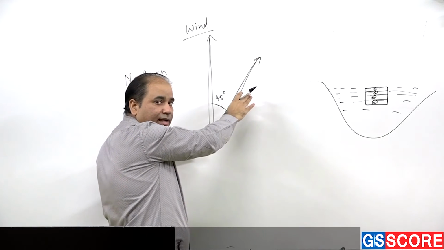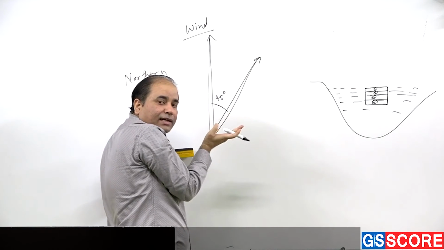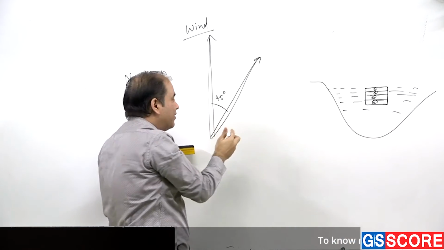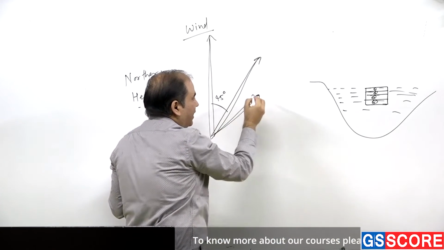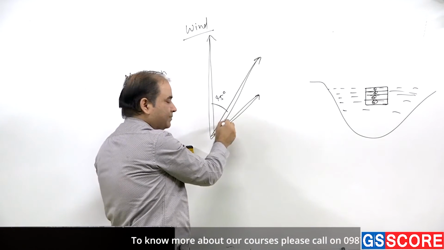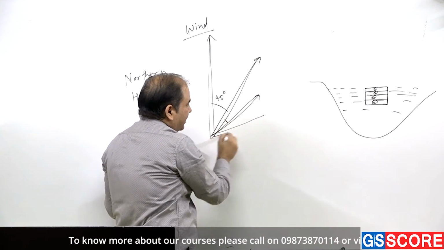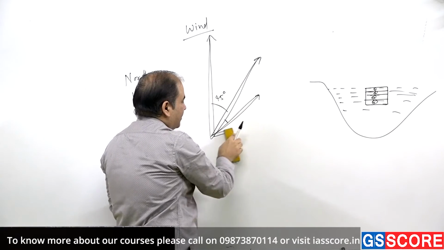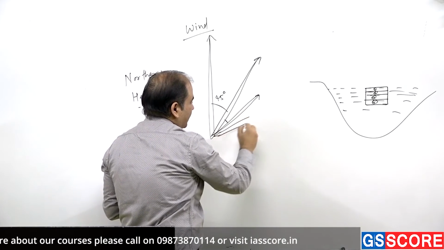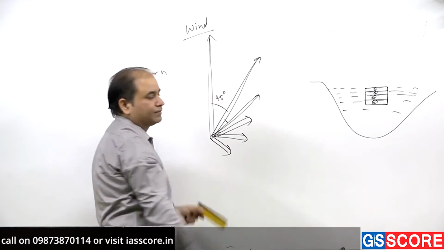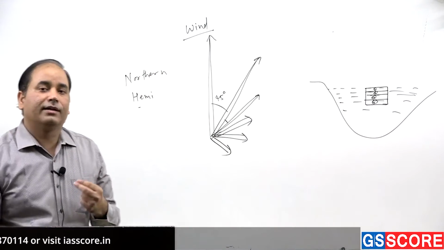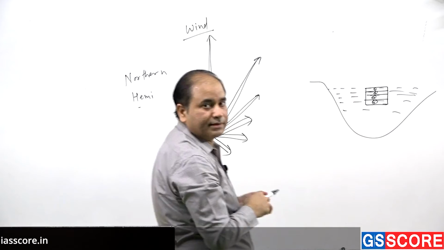Now below this layer, the water will again move, but with a 45 degree deflection. In this way, the deflection keeps on going to successive layers. That is what Ekman's idea was.